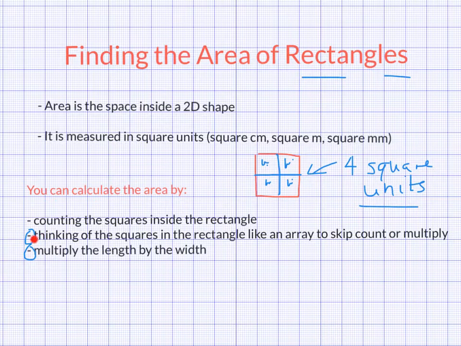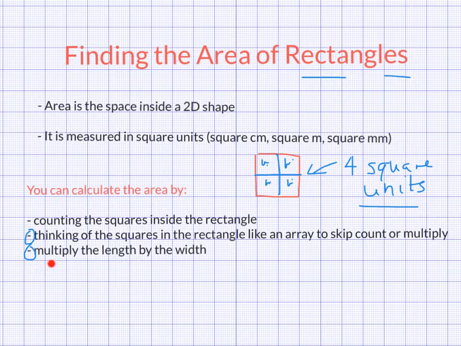So really, if you can think of the squares inside the rectangle, the space inside the rectangle, like an array, to either skip count, maybe go 2, 4, or knowing your multiplication and knowing it's an array, to multiply 2 times 2 to give you the 4 squares. That is fantastic thinking as well, moving away from counting individually.